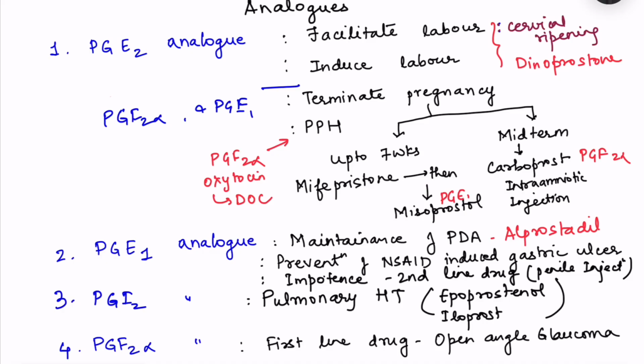Now moving on to the therapeutics of these prostaglandin analogues, right? So first is the PGE2 analog, that is dinoprostone. Dinoprostone is a PGE2 analog, and it is used for facilitating labor, that is cervical ripening, and also for inducing labor. Okay, so that we have seen in the actions of the prostanoids.